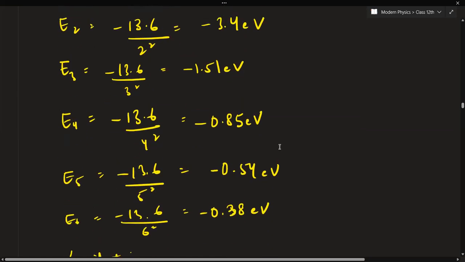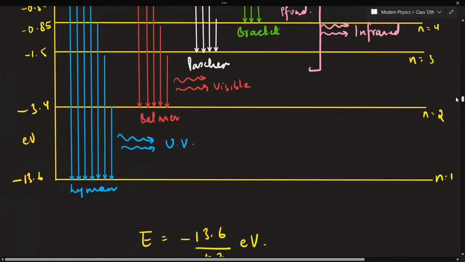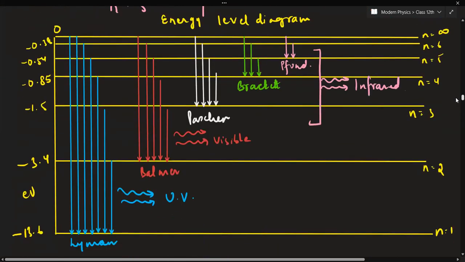For the 5th orbit, you get minus 0.54 electron volt. And for the 6th one, it is minus 0.38 electron volt. Obviously, for infinity, N is equal to infinity, meaning 1 by infinity is 0. So here energy will be exactly 0 at infinity.